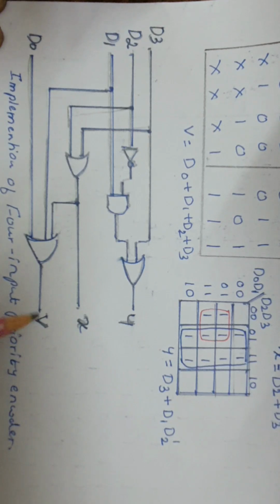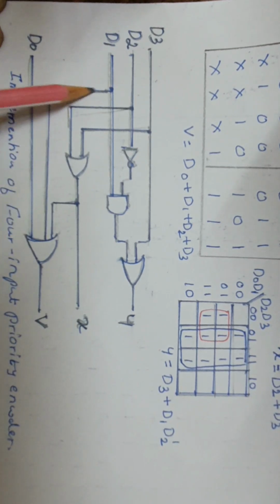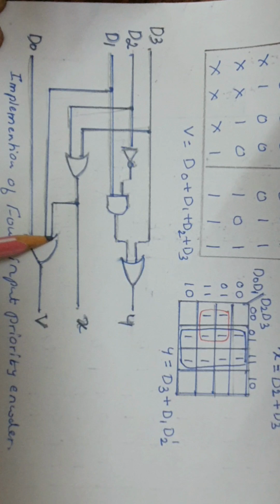Here this V is equal to D0 or D1, and D2 or D3 is already coming here, and that is given here. This is the implementation of the 4 input priority encoder. Okay, I hope you understood, and that is the solution for question 4a: define encoder, design a 4 input priority encoder, that was asked for 5 marks.